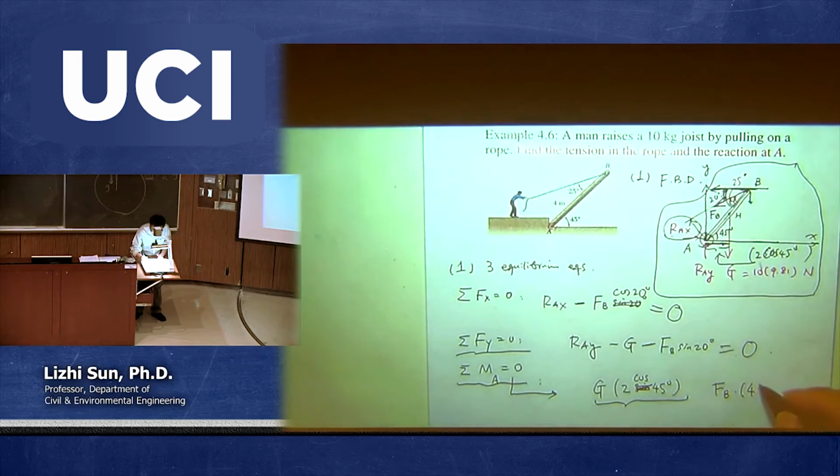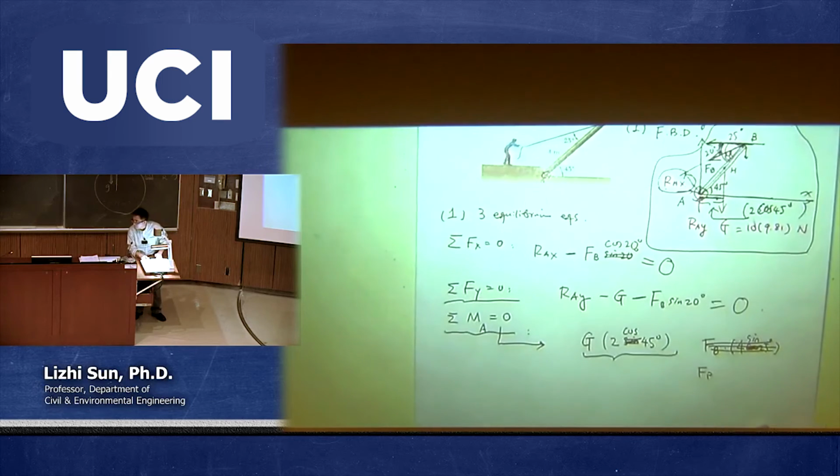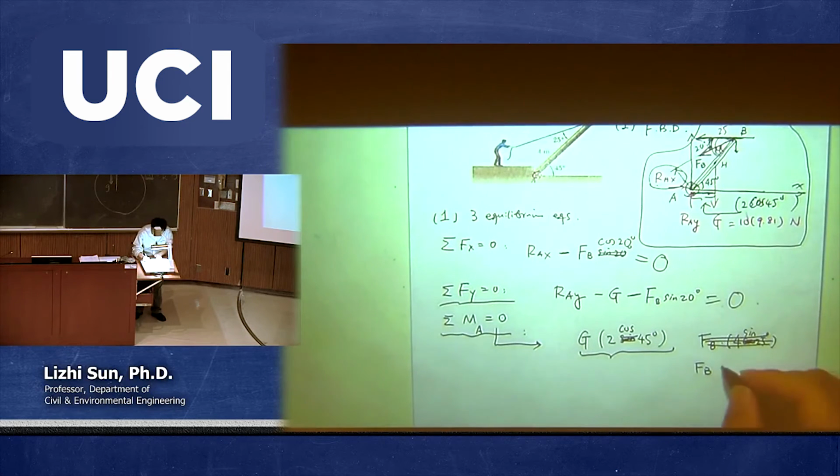So 4 times, this time, cosine 25 degrees. Oh, sine, I'm sorry. Let me rewrite. So FB times 4 times sine 25 degrees.